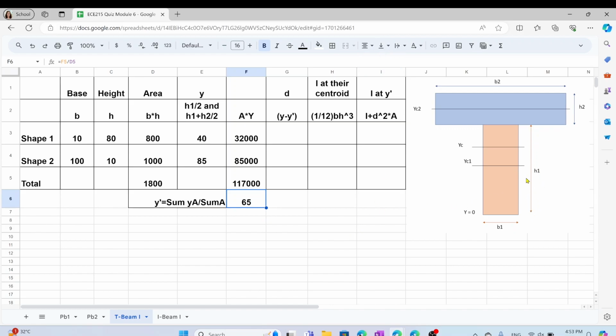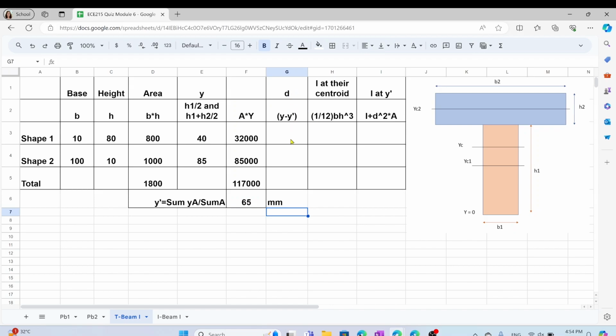So 65 is somewhere, so this one is 40, somewhere there. It makes sense that our centroid is lower than the centroid of the pink rectangle because the blue rectangle is attracting that centroid. Should it be very high? No, that should not be very high. So this answer makes sense. By the way, this is millimeters. Okay, if you want to write the unit.